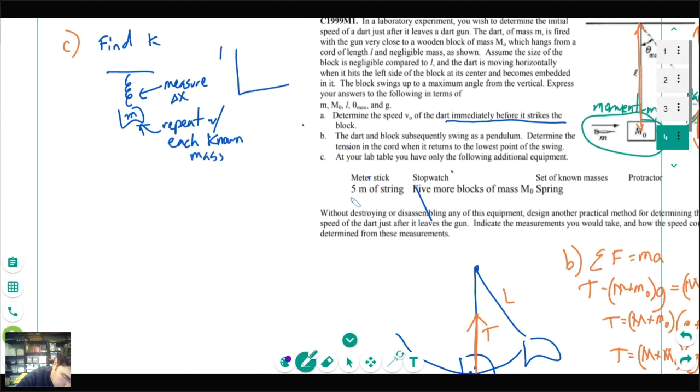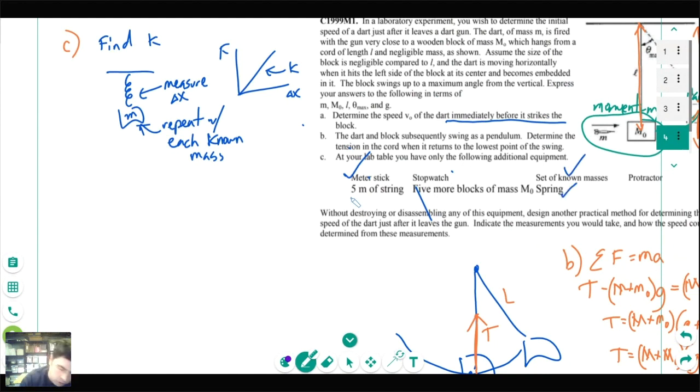Do something like graphing force versus delta X. Linear graph, slope of it tells us K. So now we have the spring constant that we have for our chunk, and that would use the meter stick, the masses, and the spring.